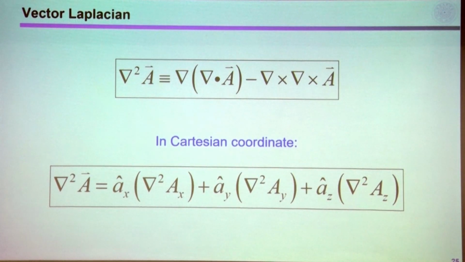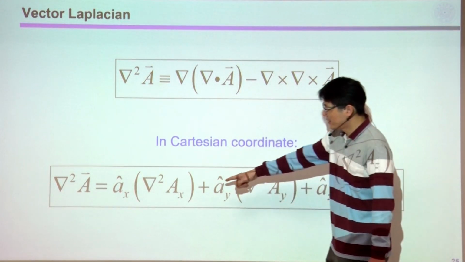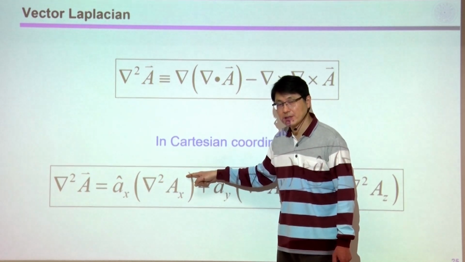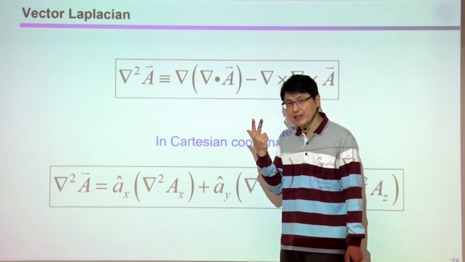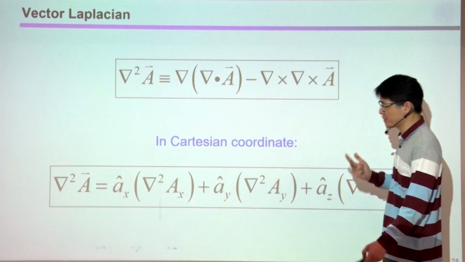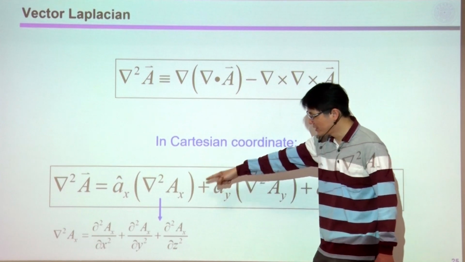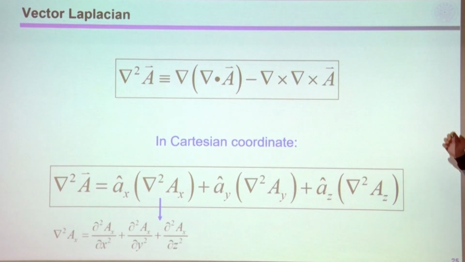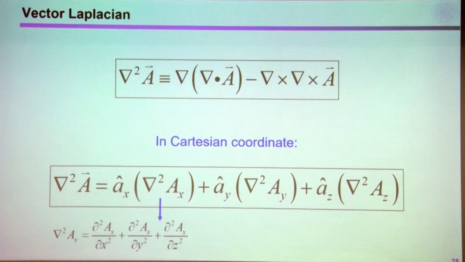So how many terms do you have in total? This is the scalar Laplacian. It contains 3 terms, 3 double differentiation terms. Right? For each one of them, you have 3 terms. So you total have 9 terms. So it can be complicated.